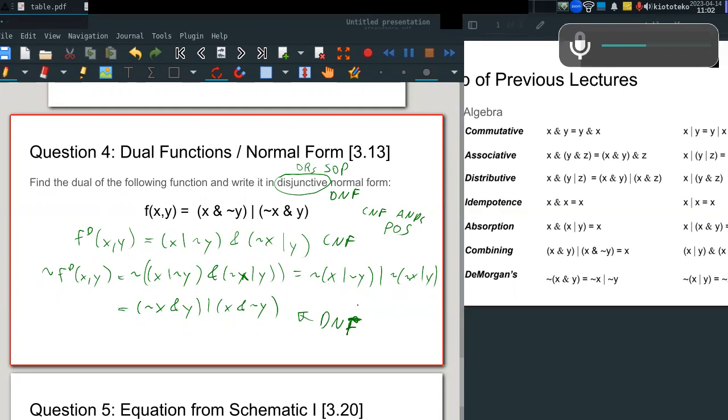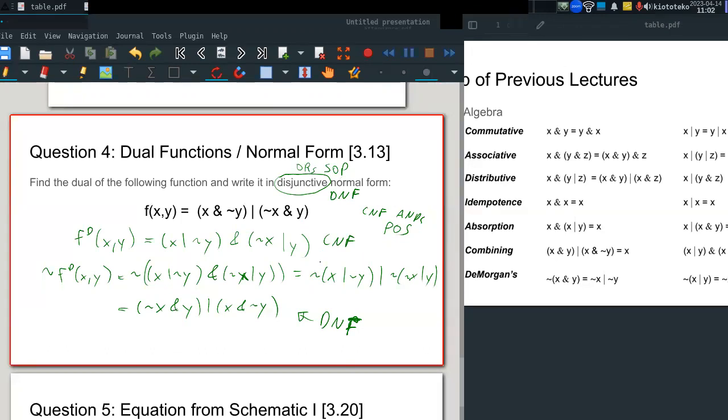And again, the property is that they need to have all the literals in each of the parentheses, separated by the operator that is or and. Wait, I think I missed a step here. I think it's x and not y. Wait, what am I doing?